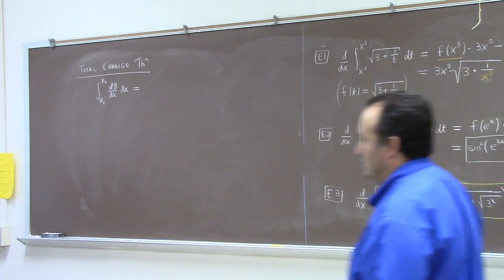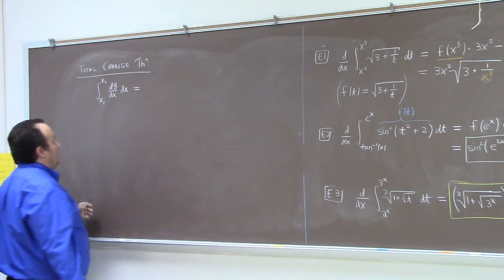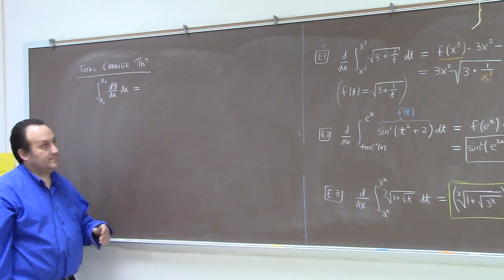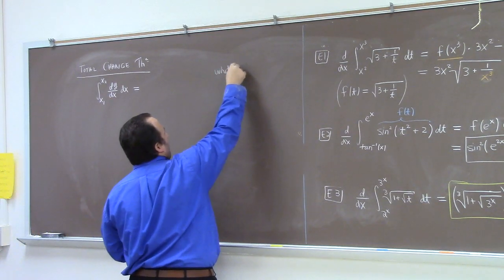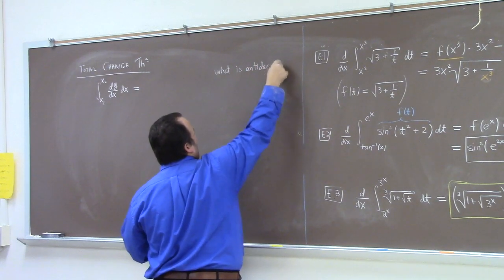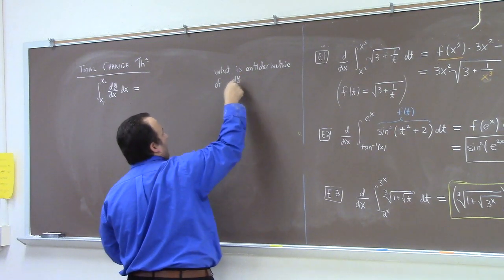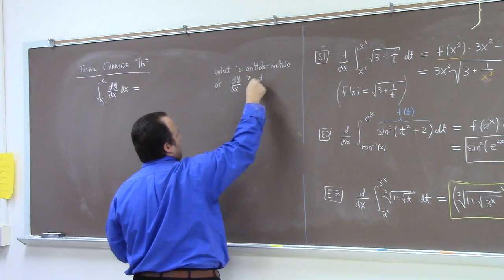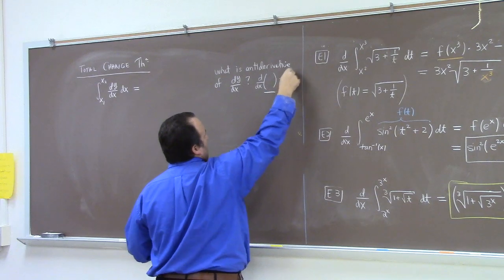So what's the antiderivative of dy dx? In other words, d dx of what is equal to dy dx?